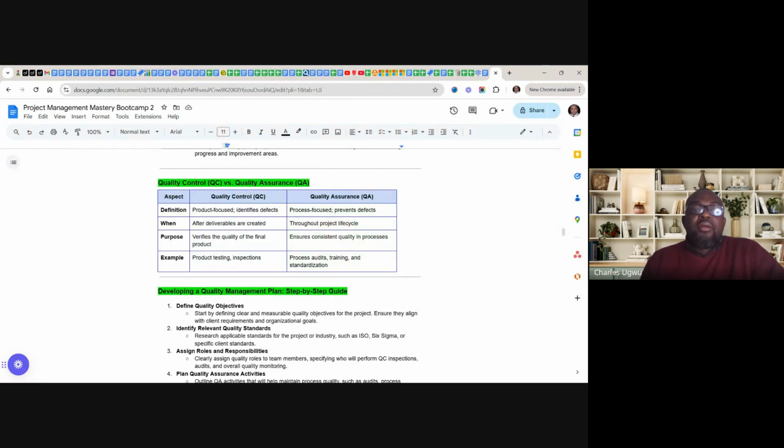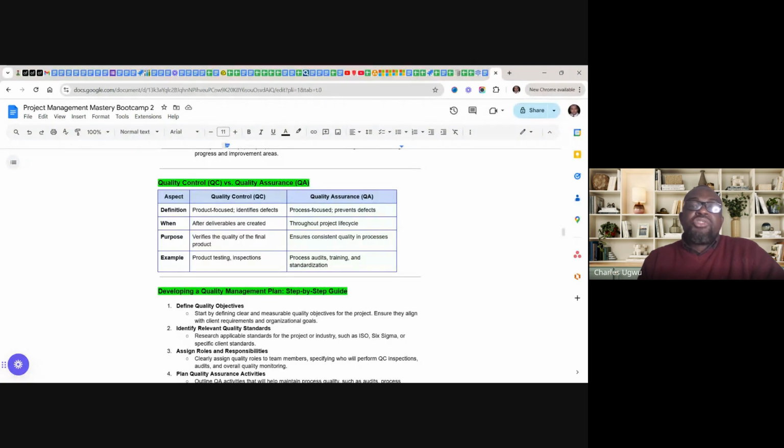After deliverables are created, after creating a product that is deliverable, quality control happens. And quality assurance, when does it happen? Throughout the project life cycle. The purpose of quality control is to verify the quality of the final product.